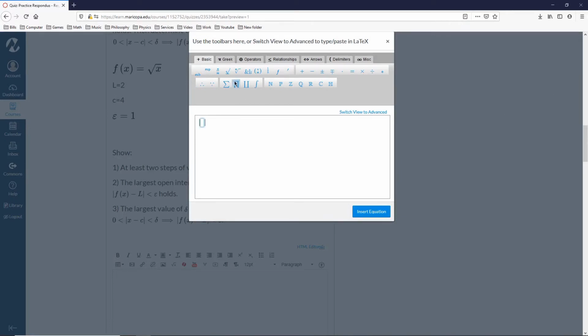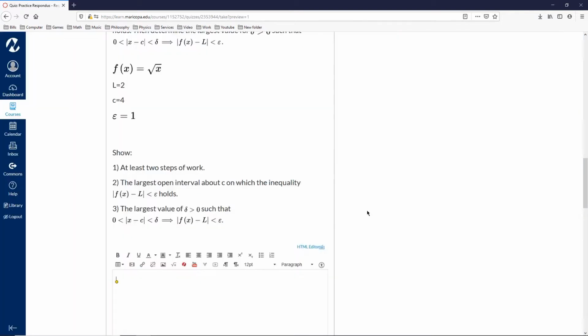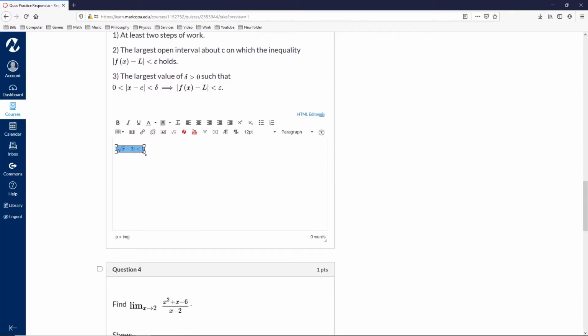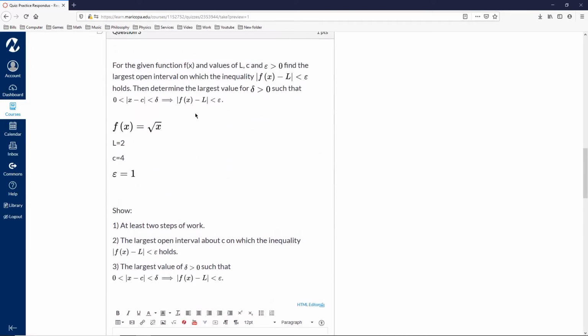And so we're going to stick in there the square root of x minus 2 for our limit over here. And all that is less than epsilon, which is 1. And there's the first line of work. Just plugging the information in.